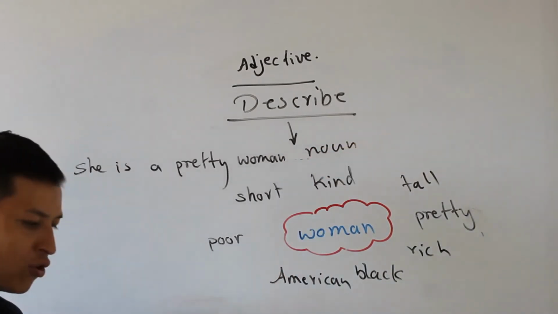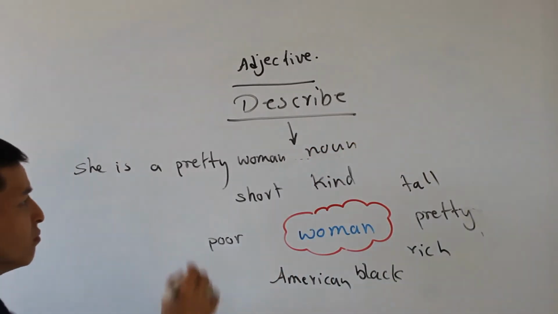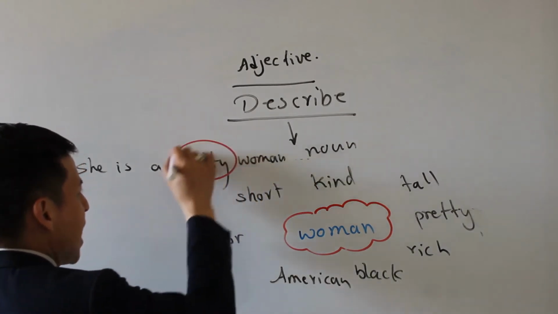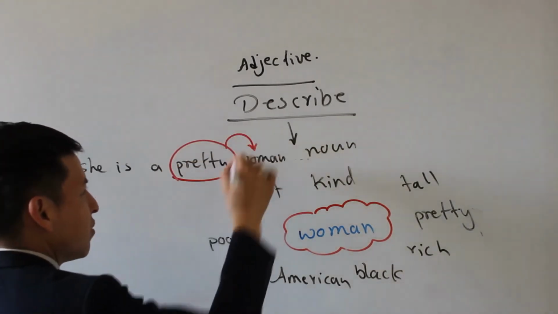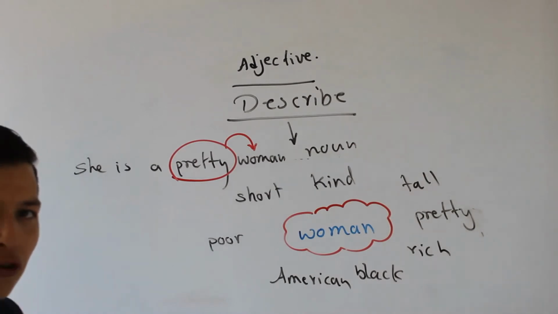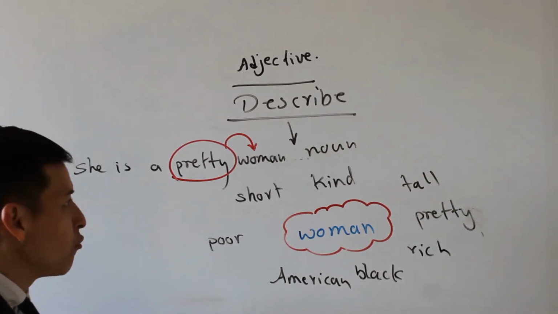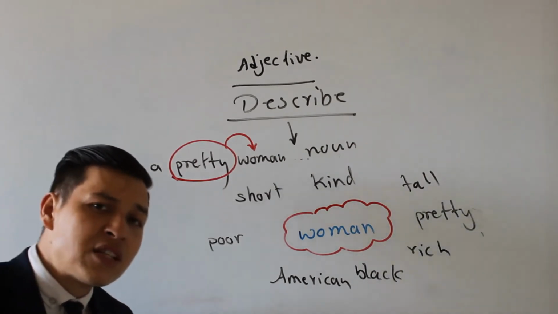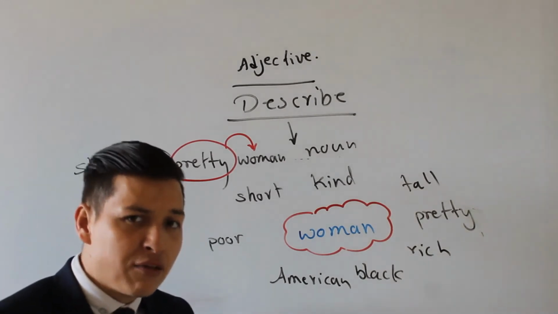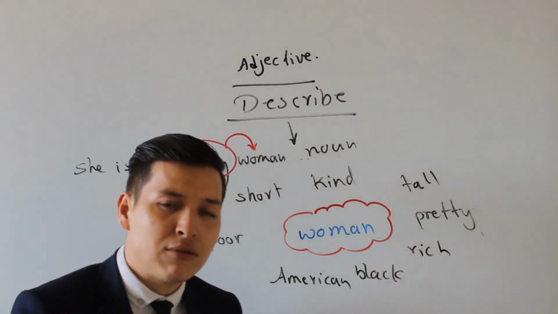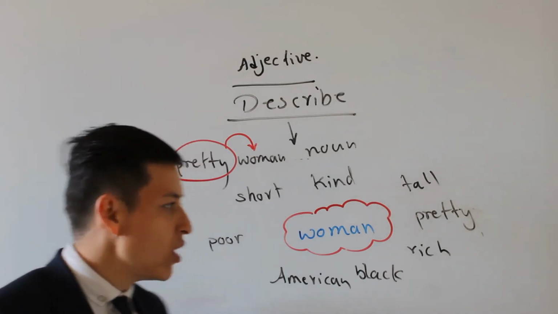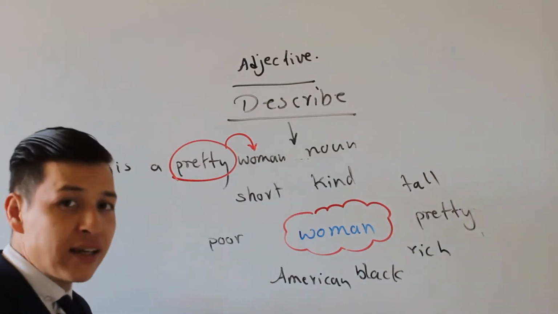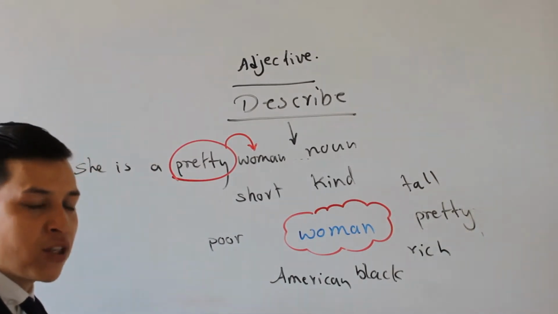Here you notice that pretty is the adjective that describes the woman, and it is used before a noun. We will discuss possession of adjectives in other videos, and we will describe adjectives with more information. I hope you have understood that. We move to another part of speech.